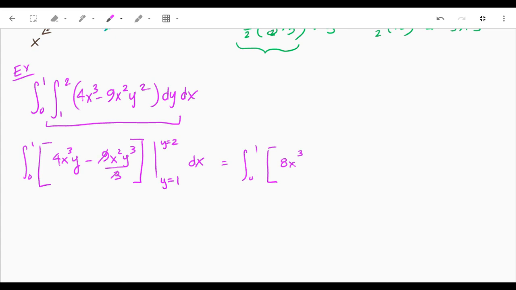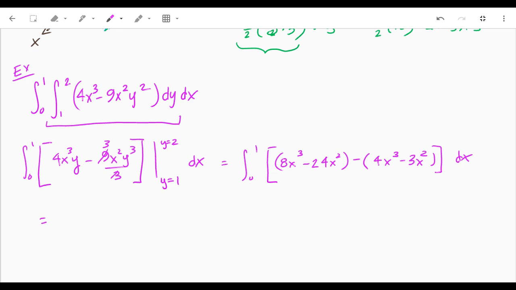Let's see, I'm going to cancel that out to make it a 3. Minus 24x squared when I plug in the 2, and then when I plug in the 1, I'm going to have 4x cubed minus 3x squared dx. Okay, and that's an integral I can do, right?